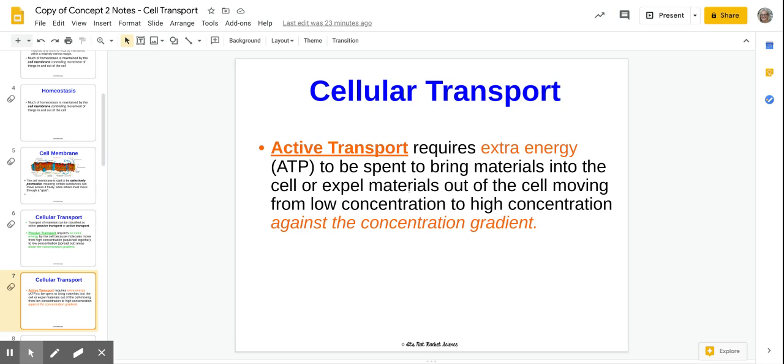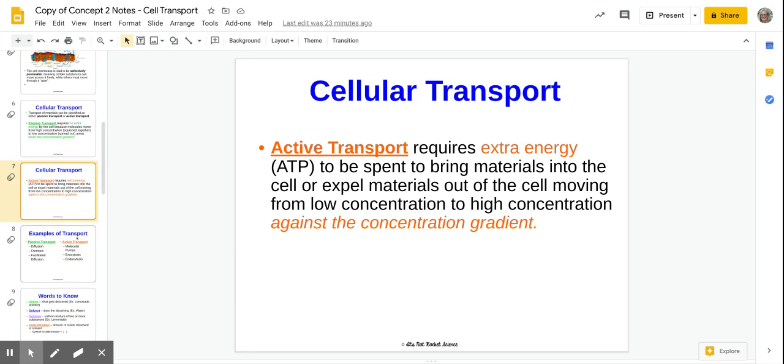And this is what is going to be used in order for cells to either bring in large molecules or to expel, send out large molecules. And it's going against the gradient. So it's going from a low concentration to a high concentration. So these are going to be important things to try to associate with what we're doing.